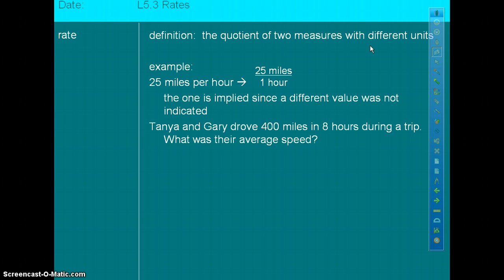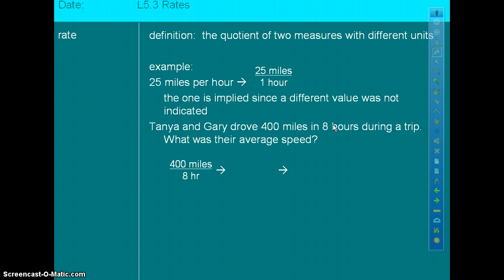Another example would be to talk about Tanya and Gary. They drove 400 miles in 8 hours during a trip. If we wanted to find a rate in this situation, we would just compare the two different quantities with two different units, miles and hours. So here we could take a look, 400 miles over 8 hours. Now, we could potentially do 8 hours over 400 miles, but in my mind, I think that miles per hour makes more sense than hours per mile.